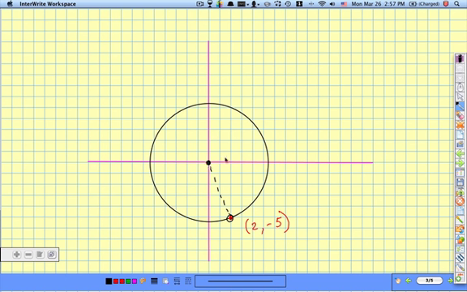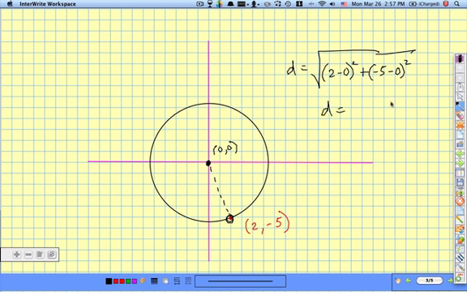We could say, okay, the distance from 0, 0 to here, so distance is equal to square root, this is what you learned in section 1, take the x's, so subtract the x's, we can say 2 minus 0 squared, plus subtract the y's, -5 minus 0 squared.